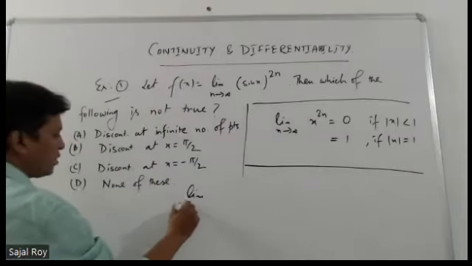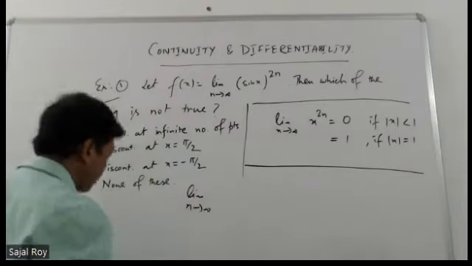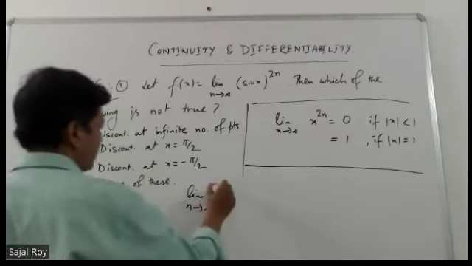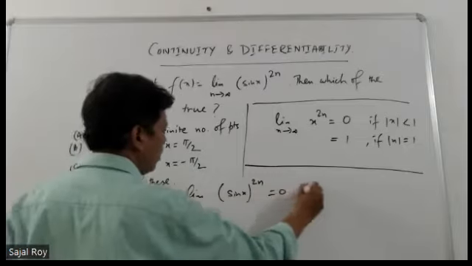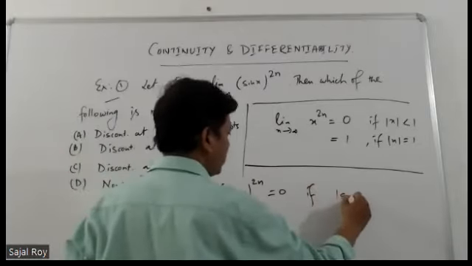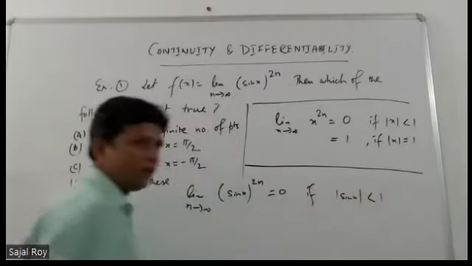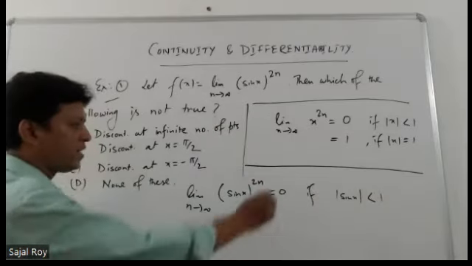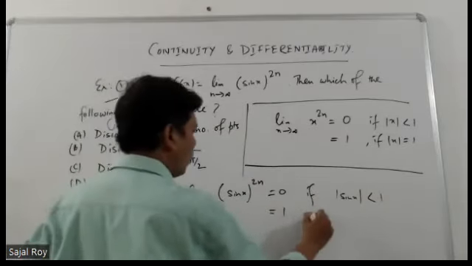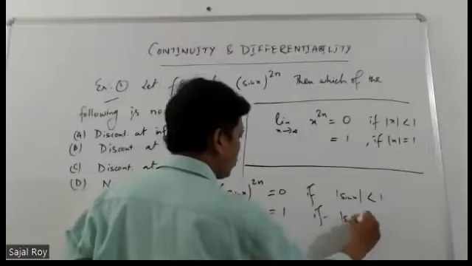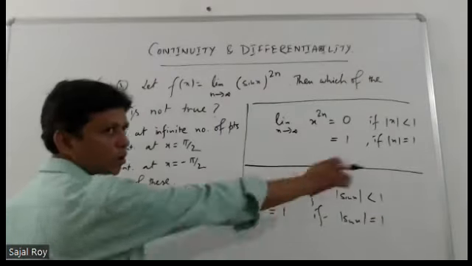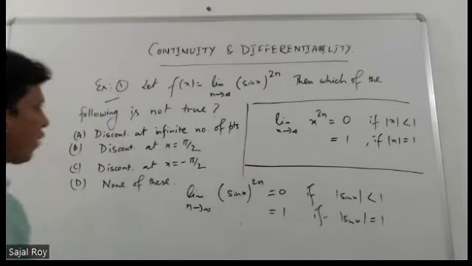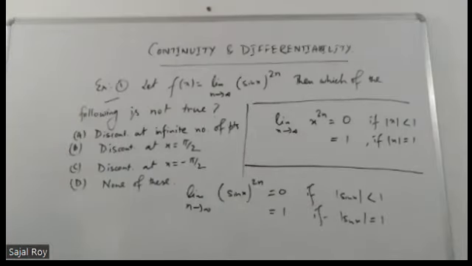So in this problem, limit n goes to infinity of sin x to the power 2n equals 0 if mod sin x is less than 1, and equals 1 if mod sin x equals 1. So where is the discontinuity?